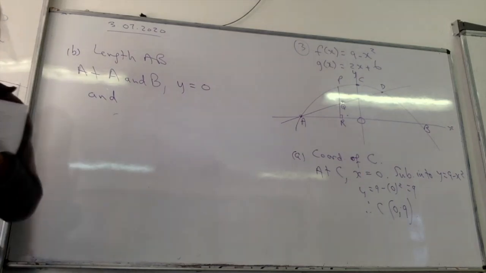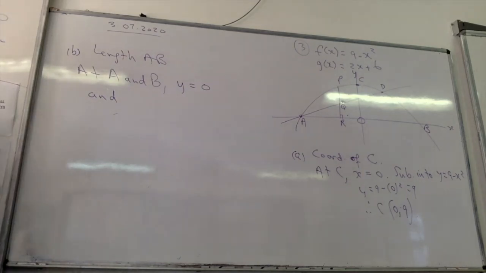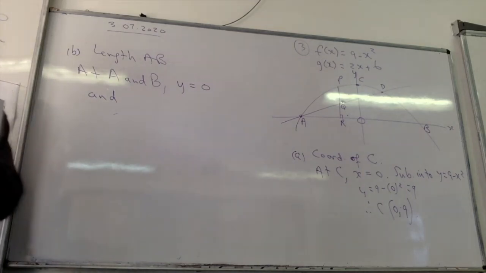Yeah, where are they? Can you see they're on the x-axis? Yes. Where else are they? They are on the function f, right? Those points lie on f of x. They are on the graph of f of x.